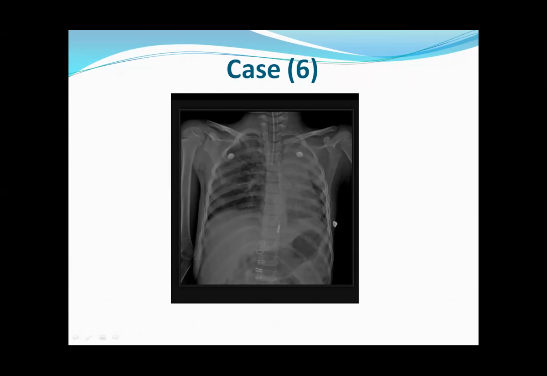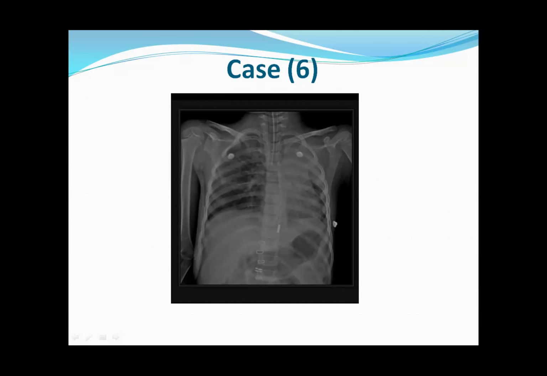There is radiopacity involving the left hemithorax with the ipsilateral mediastinal shift. There is some aeration of the left lower zone. A wedge-like opacity is noted in the left upper and mid zone.